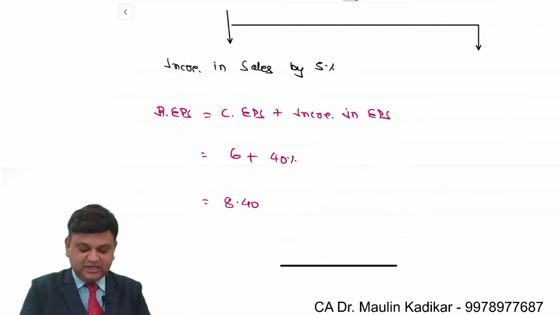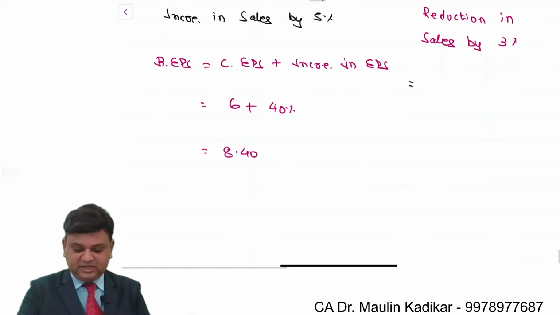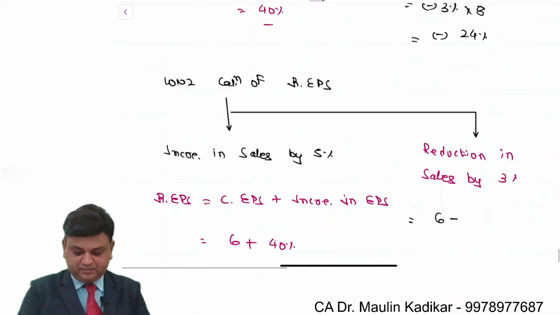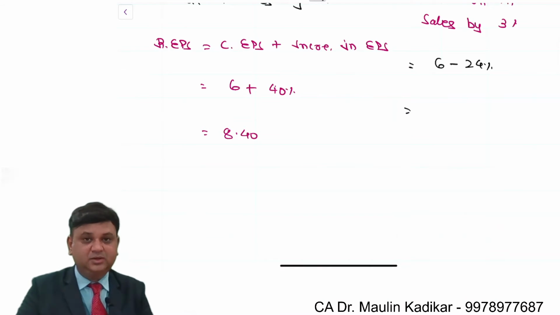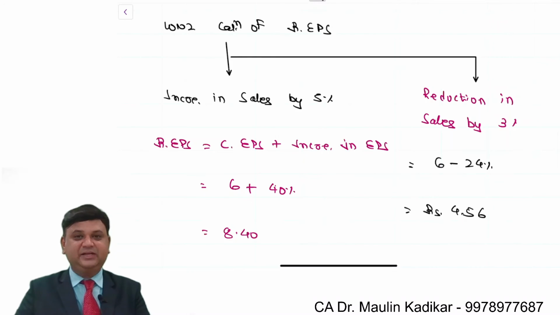And if there is a reduction in sales by 3%, it is 6 minus 24%. That comes to rupees 4.56. That is the way the revised EPS is calculated.